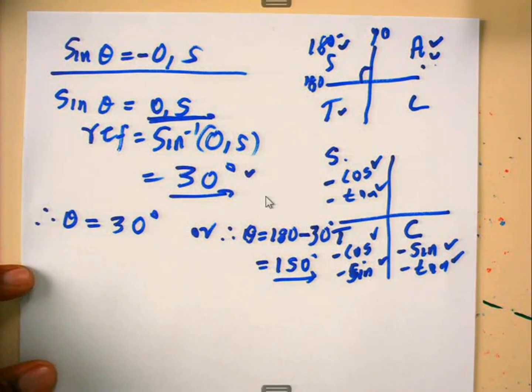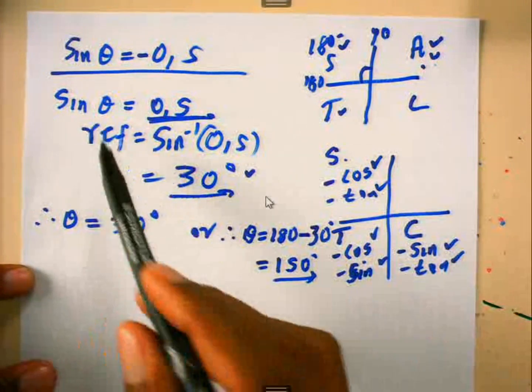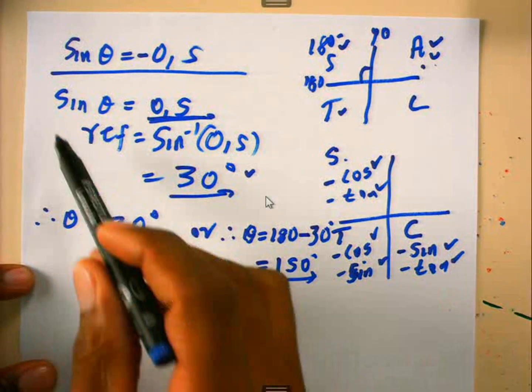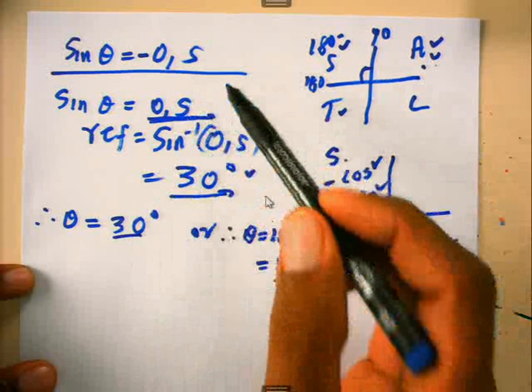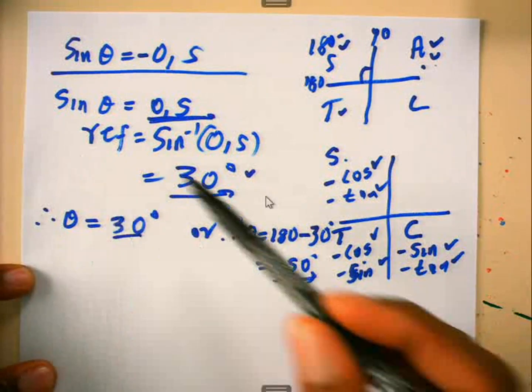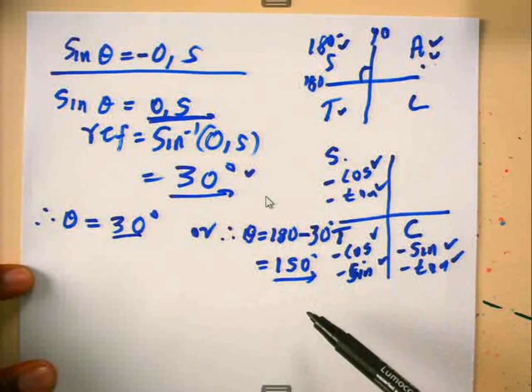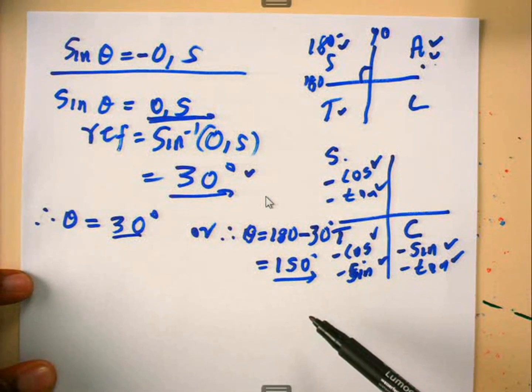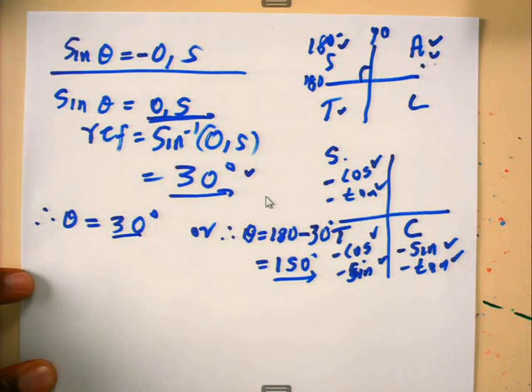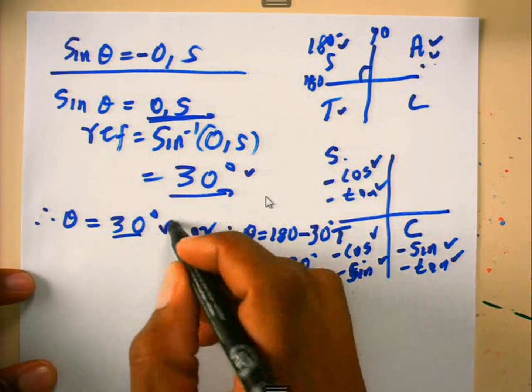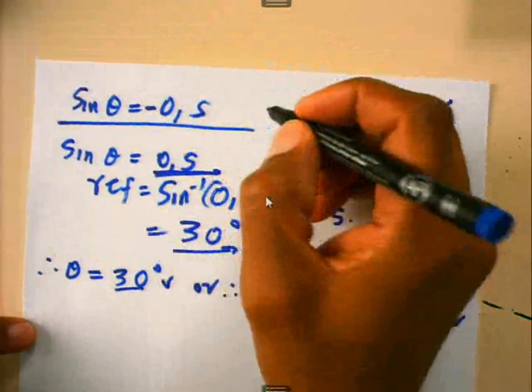Theta can be 30 degrees: sine of 30 degrees gives me 0,5. If I have sine of 150 degrees, it will also give me 0,5, right?